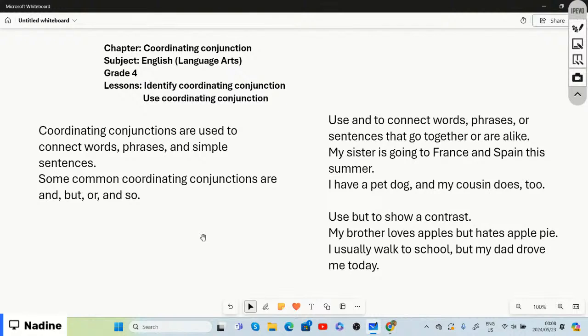All right, so now we're going to go over each one of the coordinating conjunctions. Like, how do we use and, how do we use but, how do we use or, and so?